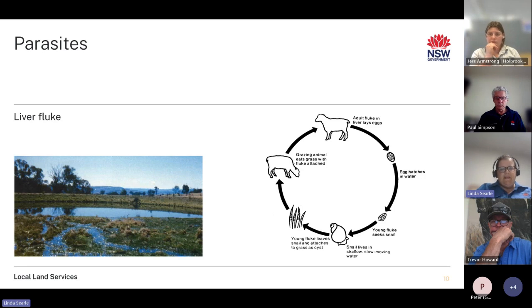So one of the intermediate stages of the fluke is actually in a specific type of snail. So obviously you think of that swampy sort of environment as an area that snails quite like. And obviously you're going to have a fresh pick of grass there usually, because that's where the water is. So that will lure the stock in to come and eat, and then they will pick up the cysts that have been left there by the snails, thus completing the life cycle of the liver fluke.